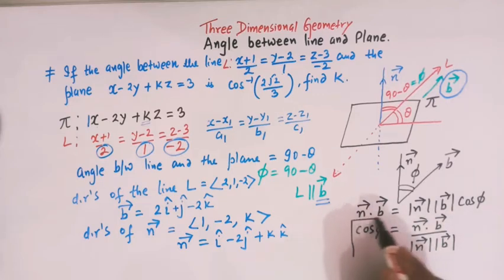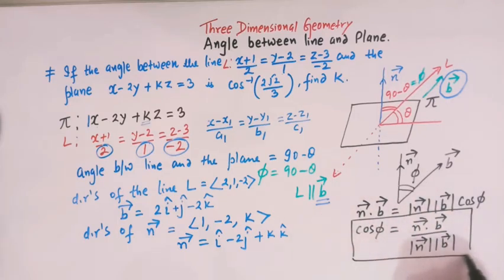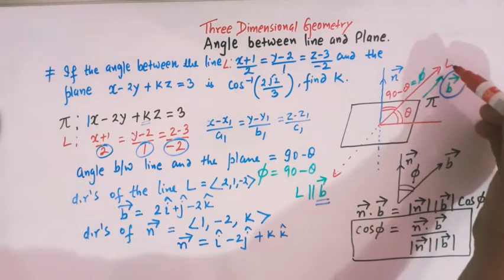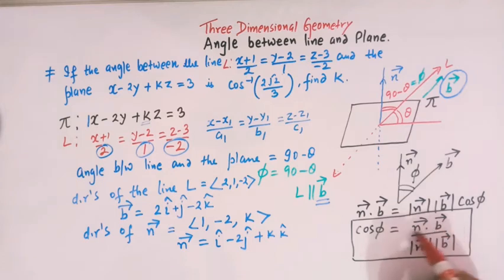This is the formula for calculating the angle between a plane and a line. So viewers, always remember that if we are to find the angle between a line and a plane, we use this formula: we take the dot product of the normal vector and the vector parallel to the given line, and divide it by the product of the magnitudes of vector n and vector b.